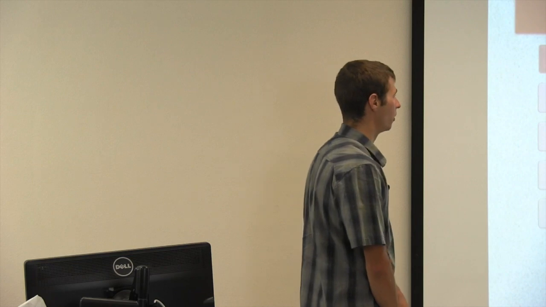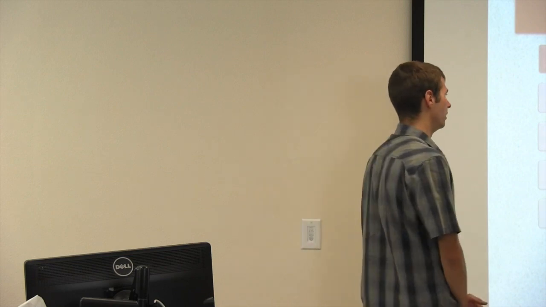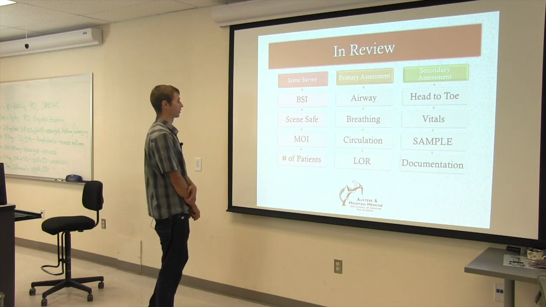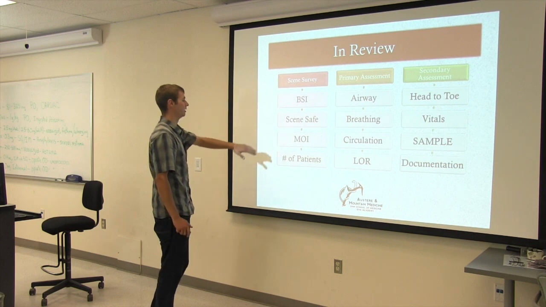So in review, here's just kind of a nice slide that helps you remember all the different components that we talked about. By all means, this is a very, very brief introduction into patient assessment, but these are the points to hit for sure.